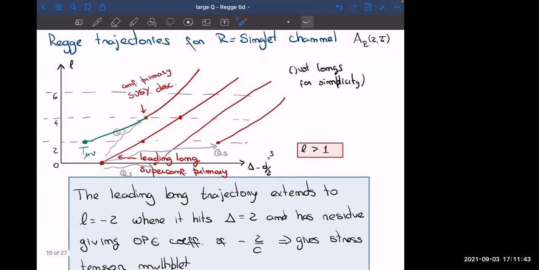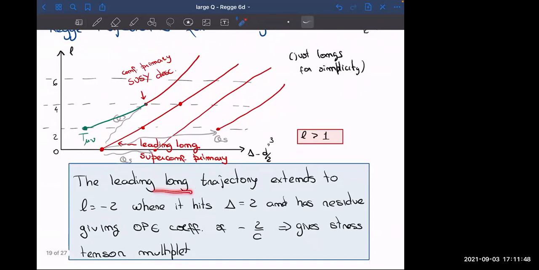But if we translate this to a statement about the superconformal primary, we learn that the superconformal primary of the leading long trajectory has to extend to spin -2, because it's 2 units down from here, from 4 to 2, where it hits this particular dimension, such that it captures the stress tensor, and it has a particular OPE coefficient, such that we get the OPE coefficient of the stress tensor. So this descendant that plays a role here has dimension Delta_L + 4, if this superconformal primary has dimension Delta_L.